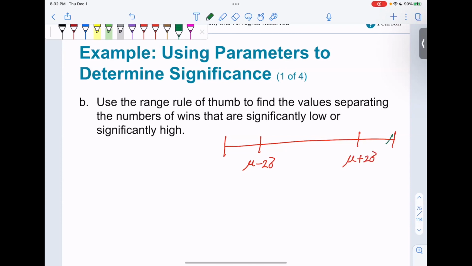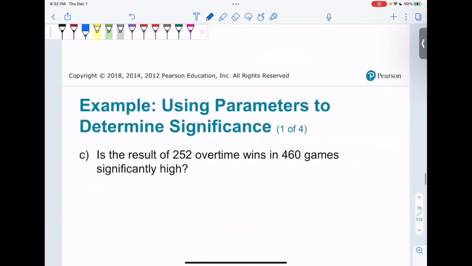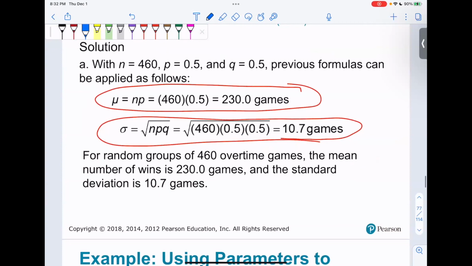Any value above is significantly high, any value below is significantly low, and values in between are not significant. We know mu is 230 and sigma is 10.7.